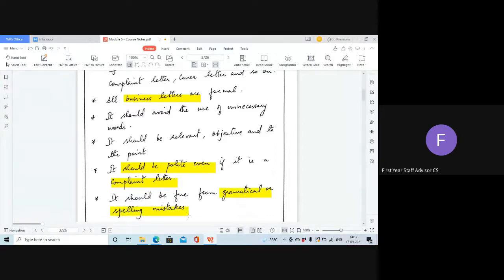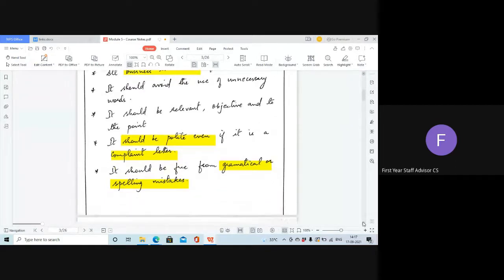Whenever you write a formal letter, it will be either between organizations or to your higher authority, so please make sure that you do not make any grammatical or spelling mistakes. Formal letters should be very correctly written.